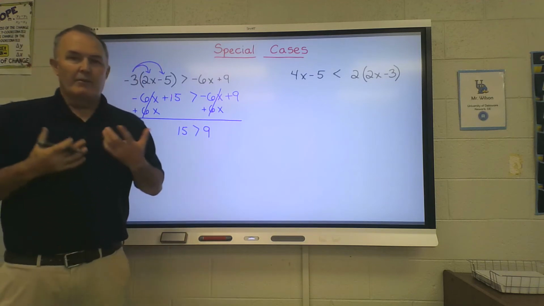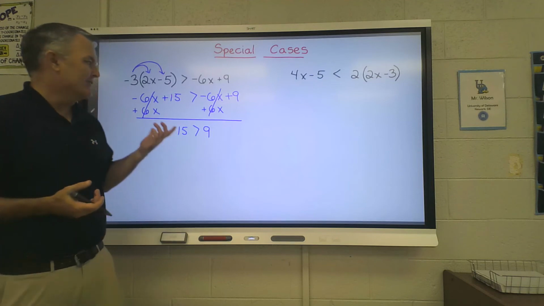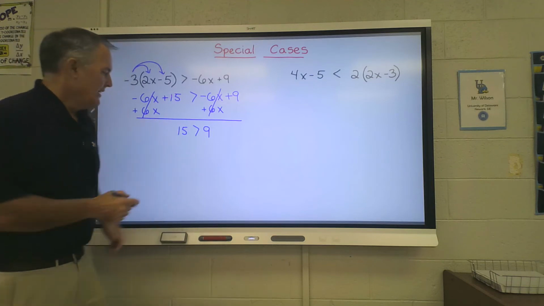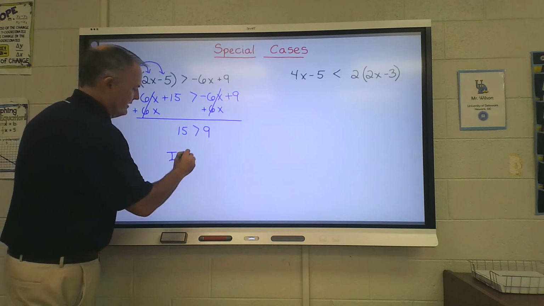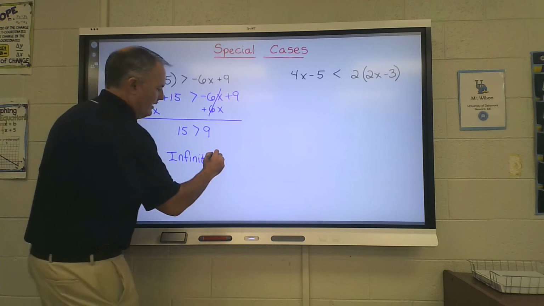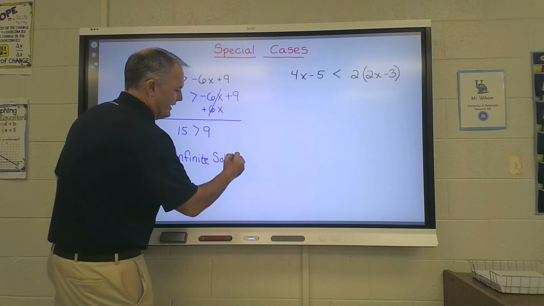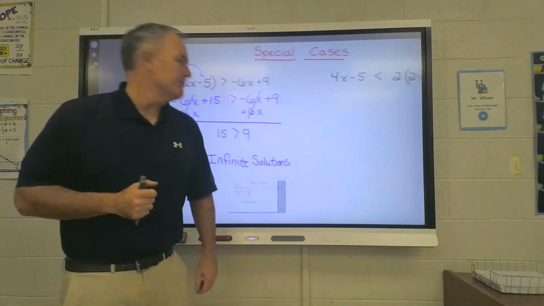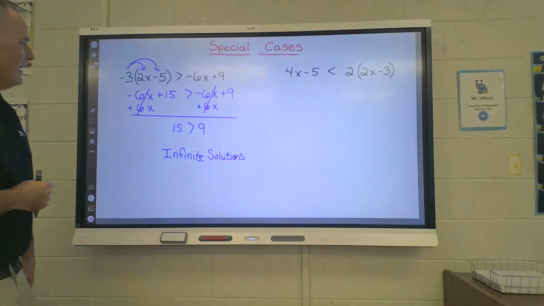All right, we don't have a variable anymore. Is this true? Yes. 15 is definitely greater than 9. So this is true. So this is where we have infinite solutions, very similar to linear equations.